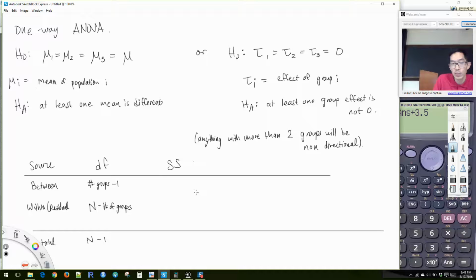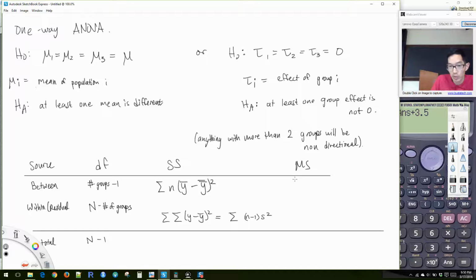And then you have your sum of squares, which is y bar minus y double bar quantity squared times n added up. And over here, you have y minus y bar squared added up across all groups, which is equal to n minus 1 times s squared added up across all groups.